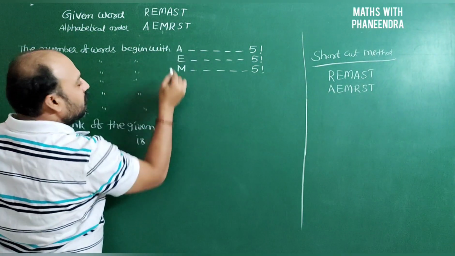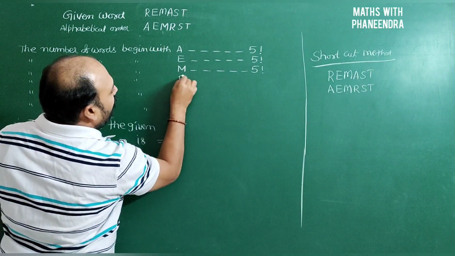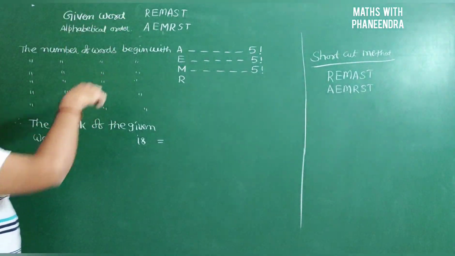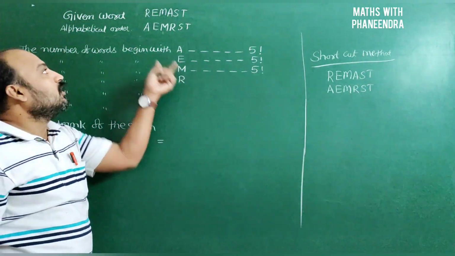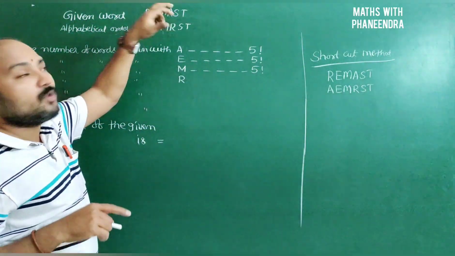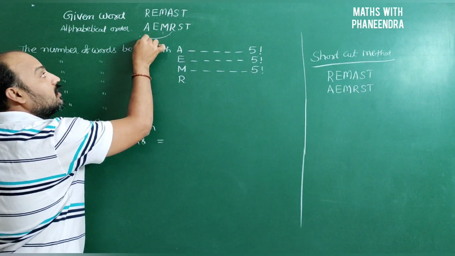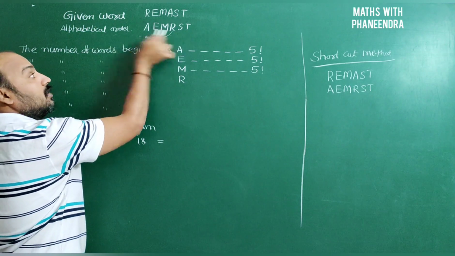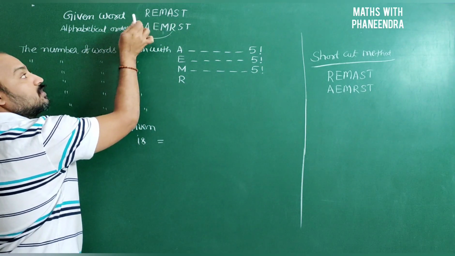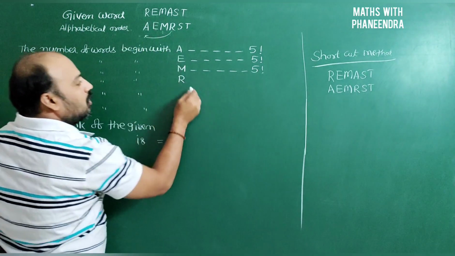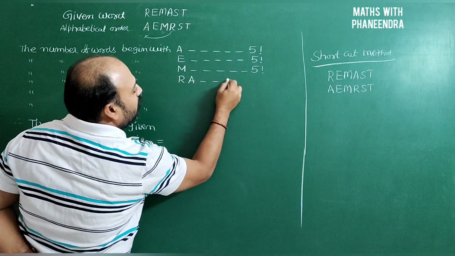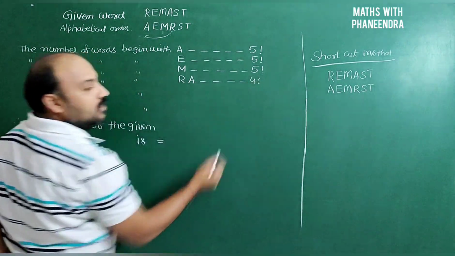Next, the number of words which begin with R. R is already there in the given word REMASK, so you can fix it. Till the term RE you can write it. After getting R, again you can move forward, and the number of words which begin with RA. So RA, the remaining 4 places can be filled with 4 factorial.